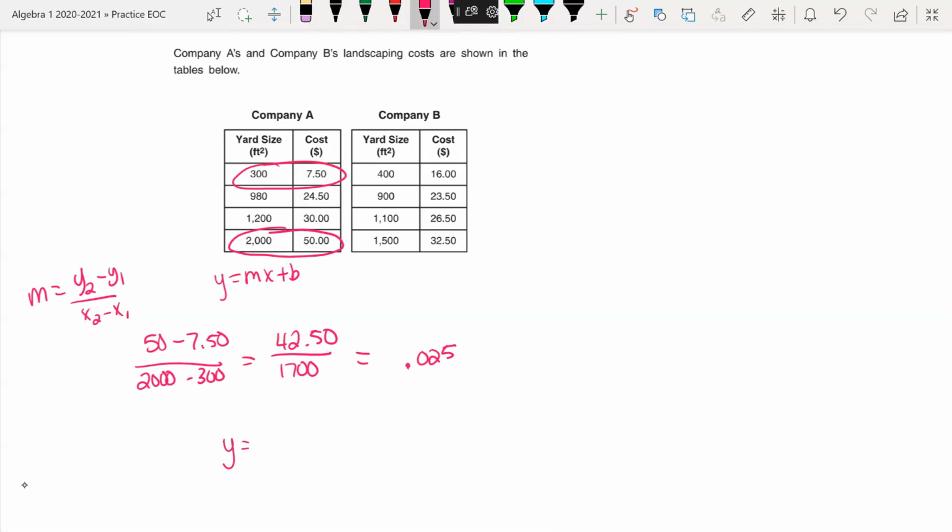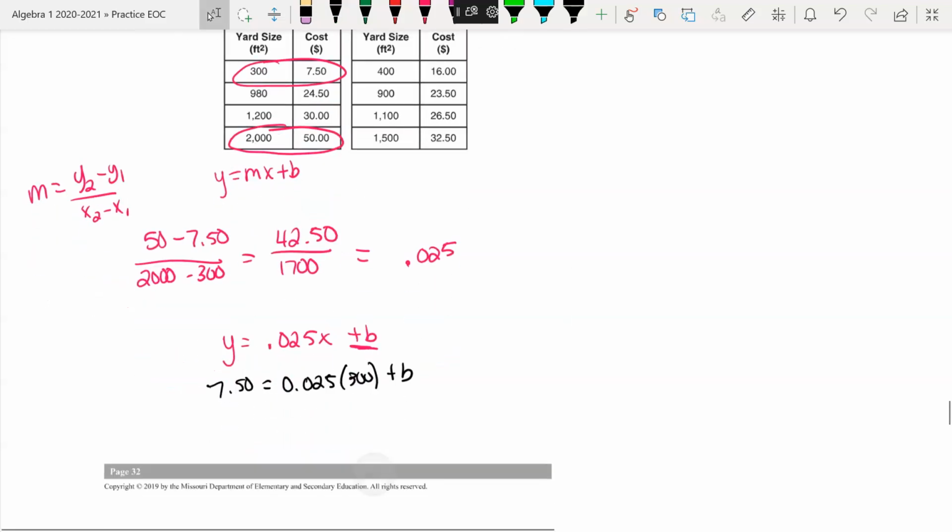So now I have y equals 0.025 x plus b. Well, I need to figure out what that b is. So let's plug in an x and a y. So I'm going to say 750 equals 0.025 times 300 plus b. Well, whenever you do this, you get 750 equals 750. So I would subtract 750.